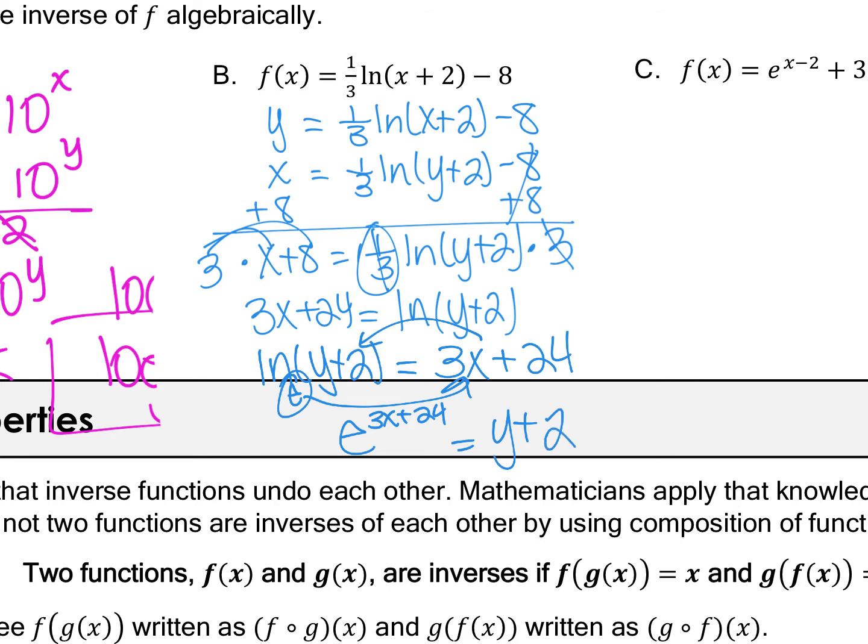Now in this case, when I change it to exponential from log form, notice that I still don't have y by itself. So my next step would be to subtract 2. So I'm having to go one more step with this one. And then I can change it to inverse function notation.